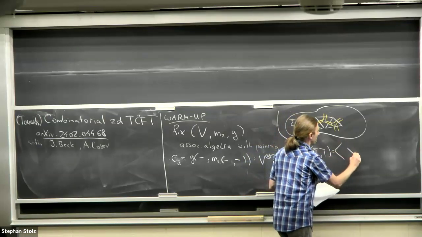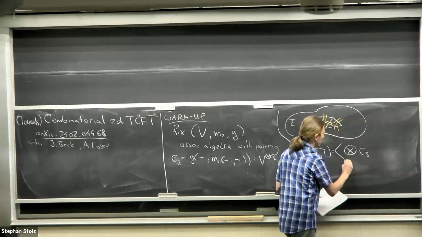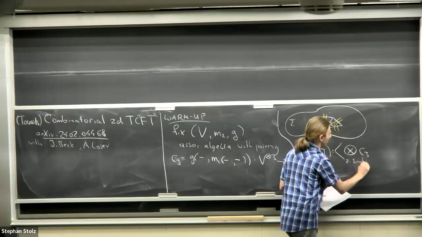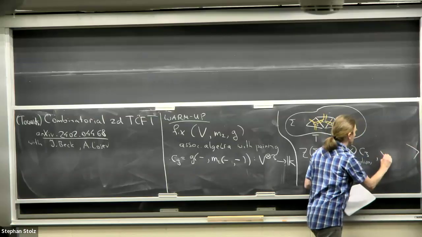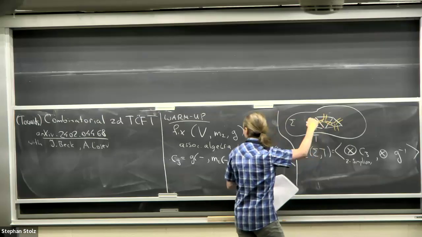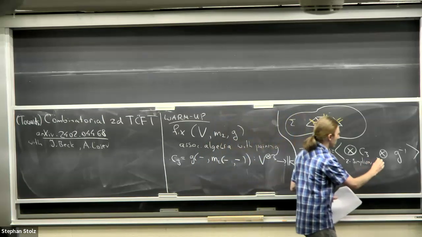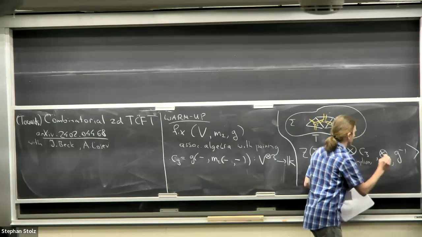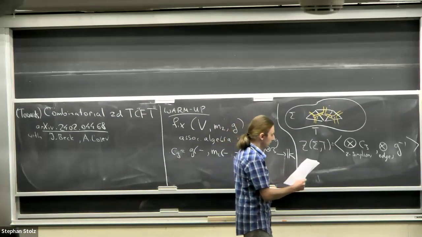Schematically, I take the tensor product of the structure tensors over all 2-simplices, and I contract it using the inverse metric. Maybe I forgot to say inverse: each edge should be contracted with the inverse metric. So this is a number in the ground field.